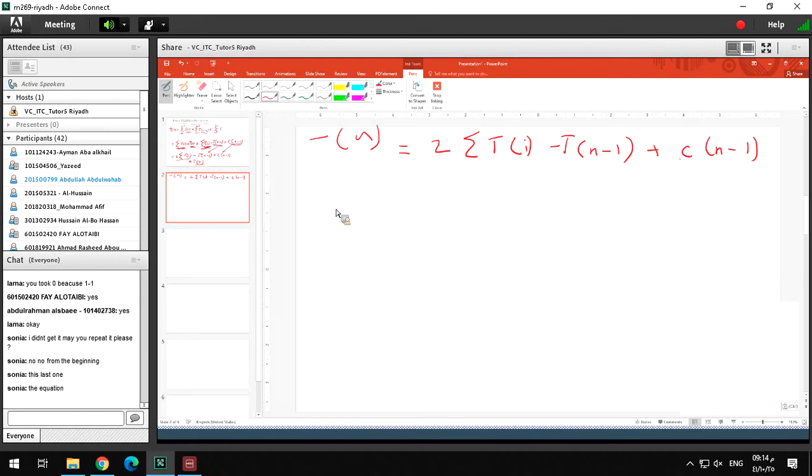Next, because this is for Tn, next is to deduce the Tn from Tn minus 1. Let's find Tn minus 1. What is Tn minus 1? Tn minus 1 equal to summation of Ti minus Tn minus 2 plus Cn minus 2.